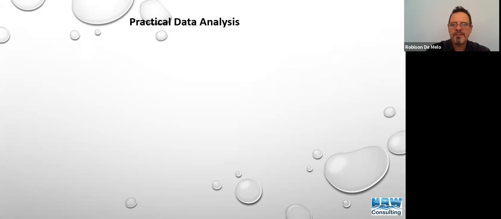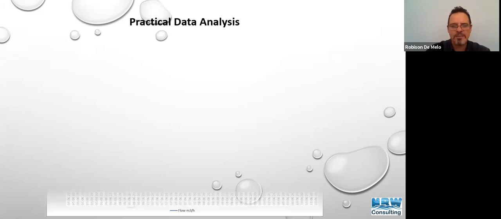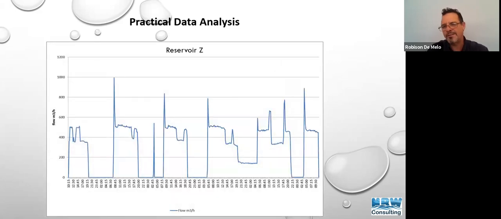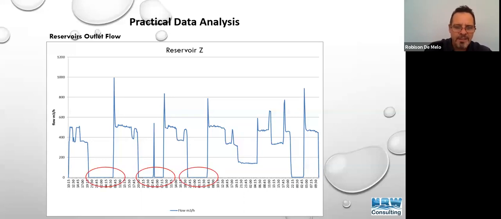Now, some practical data analysis, actually some challenges that we get when we try to get the minimum night flow. For example, if you want to know the minimum night flow from a reservoir area, there are several cases where we have an intermittent supply, where every night they go and close the area and we can't get any minimum night flow to analyze how the area is.